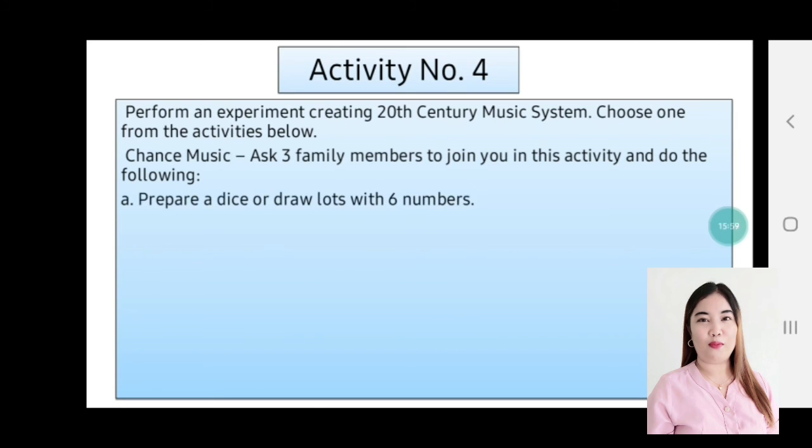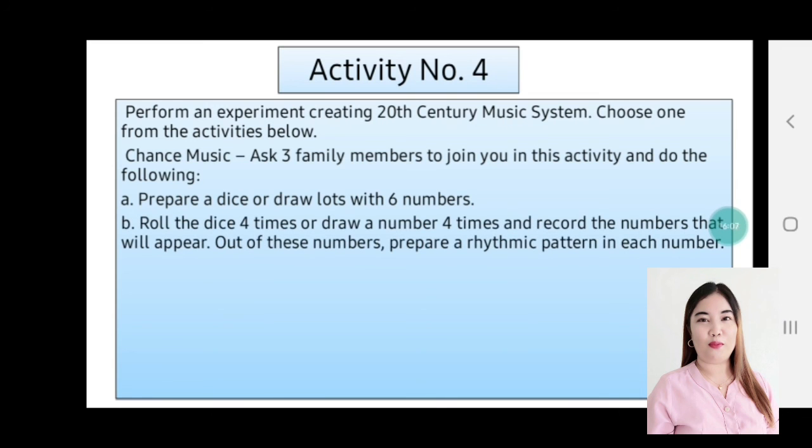Okay, number 1, prepare a dice or draw lots with 6 numbers. Roll the dice 4 times or draw a number 4 times and record the numbers that will appear. Out of these numbers, prepare a rhythmic pattern in each number.